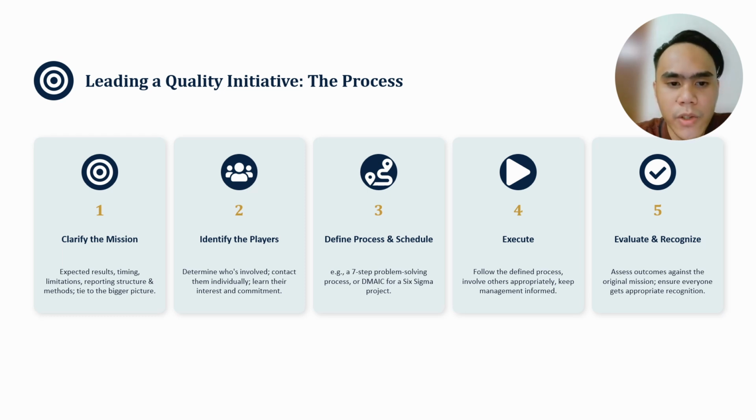Step four is to execute the project according to the process just defined, involving others as appropriate along the way, and keeping management informed throughout, not just at the beginning and the end. And step five is to evaluate the outcomes of the project against the original mission you defined in step one, and make sure everyone involved receives appropriate recognition for their contributions.